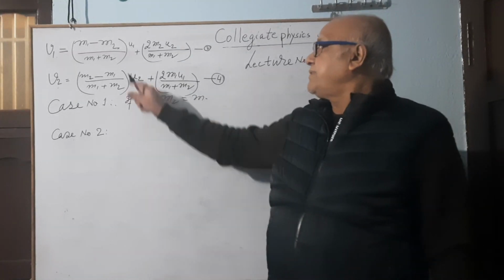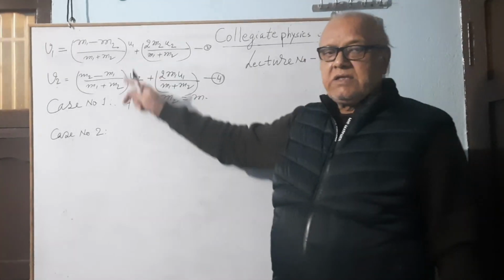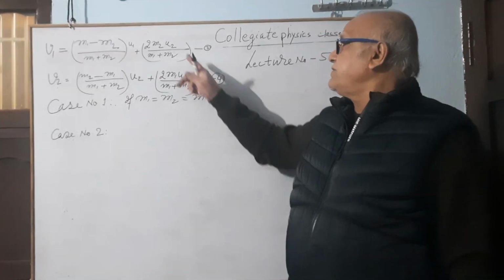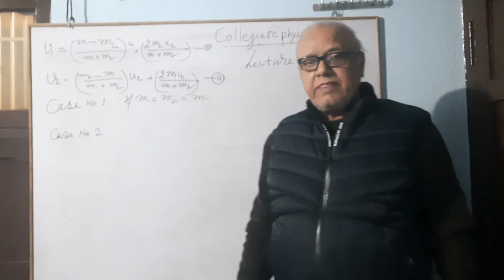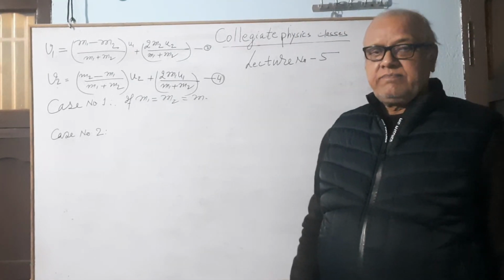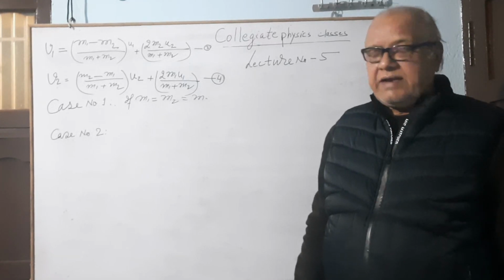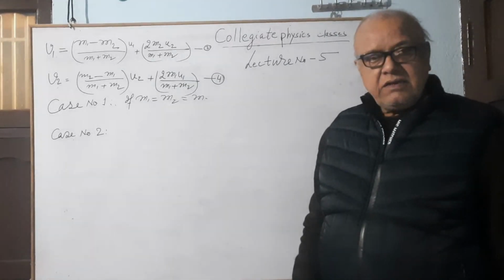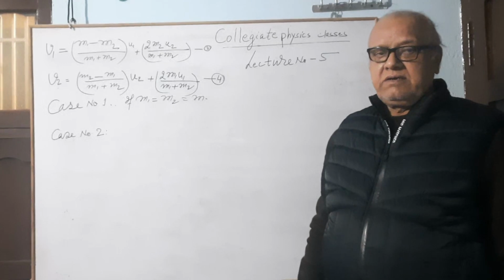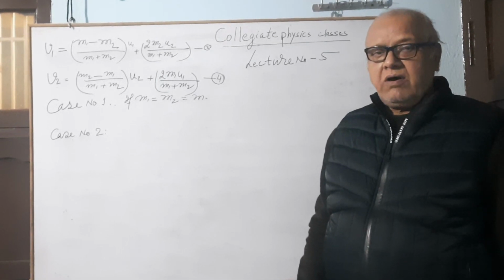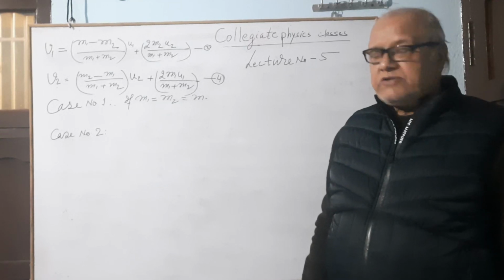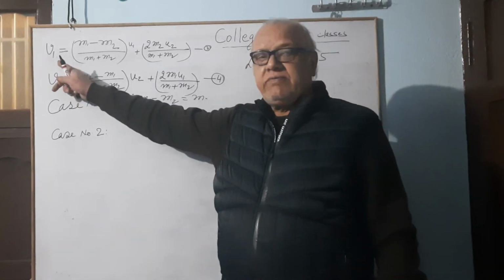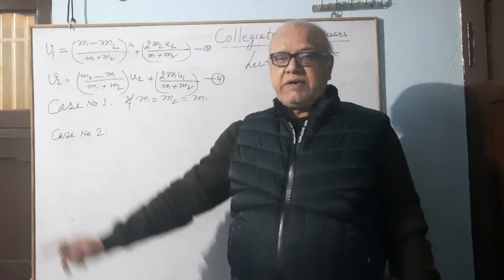The velocity of the first particle is u1, the velocity of the second particle is u2. When they make a head-on collision along a straight line, then after collision we have already deduced the velocity of the first particle v1 and the velocity of the second particle v2.